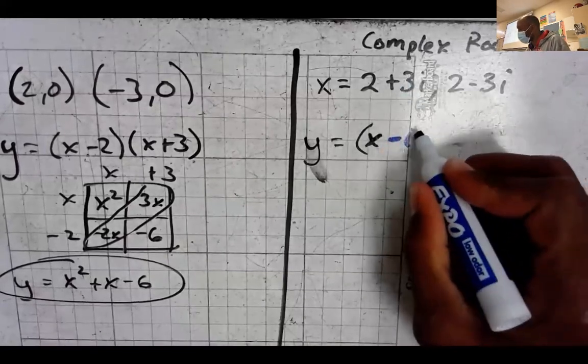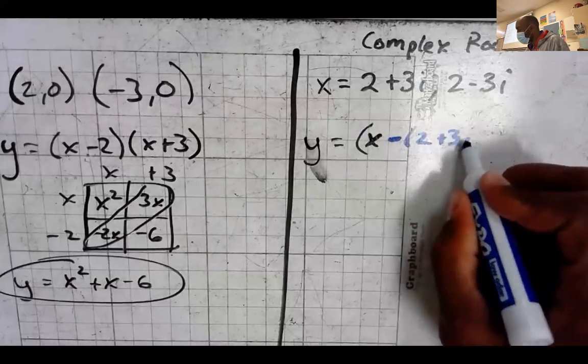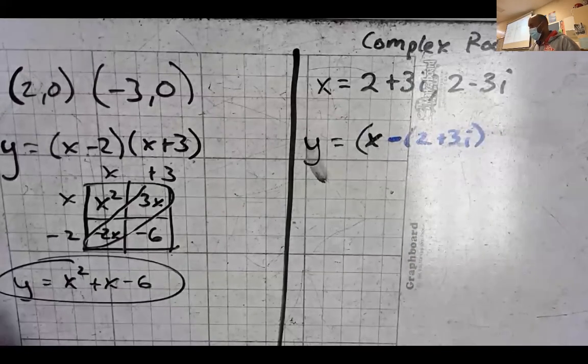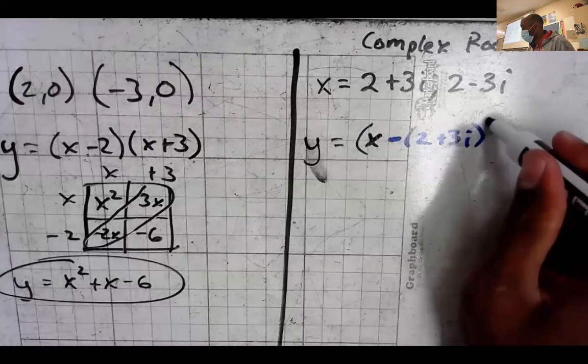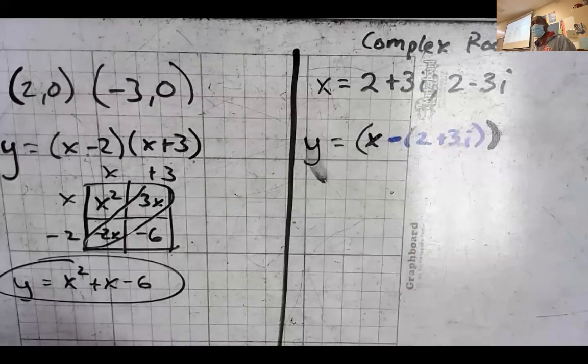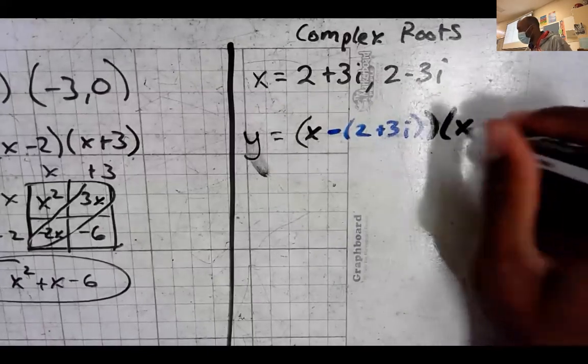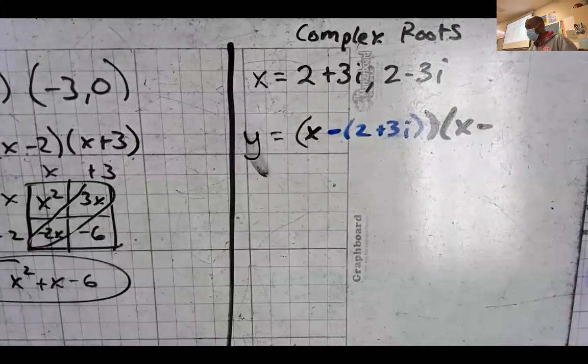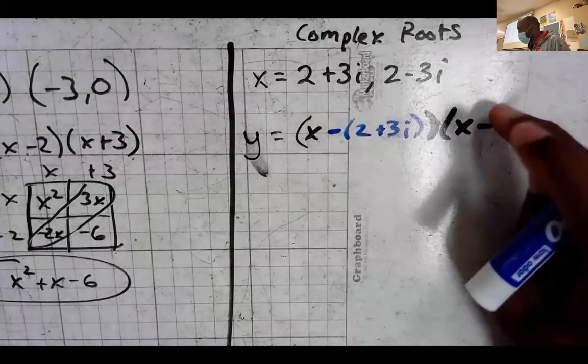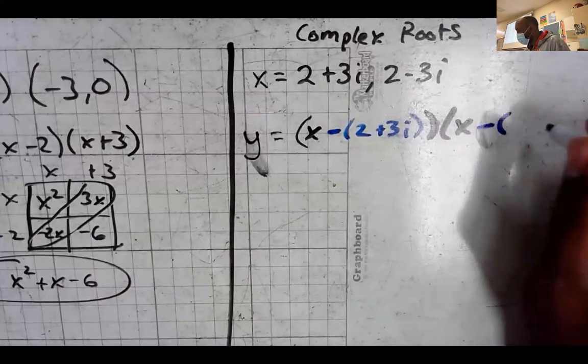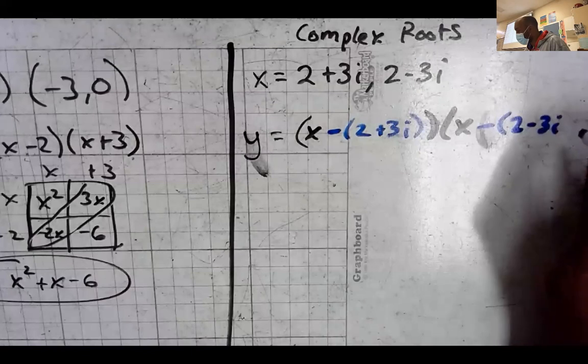So first I do x minus (2 plus 3i), and I'm going to have that inside another set of parentheses. And I'll do the same thing here. x minus, except this time, it'll be 2 minus 3i for the other solution.